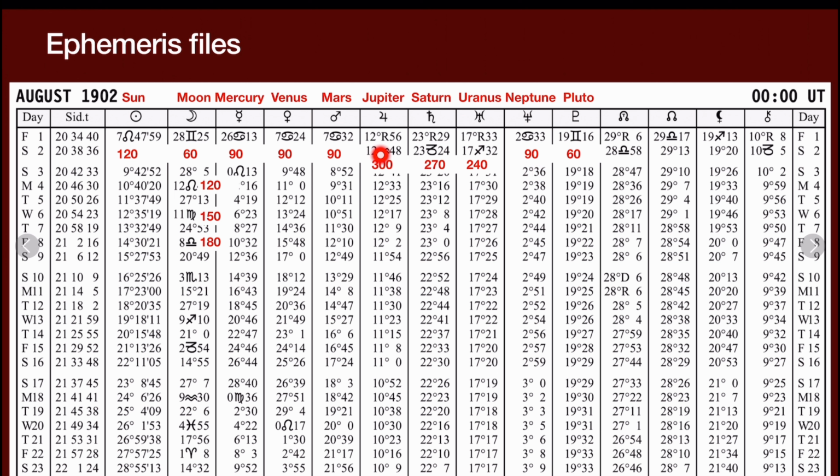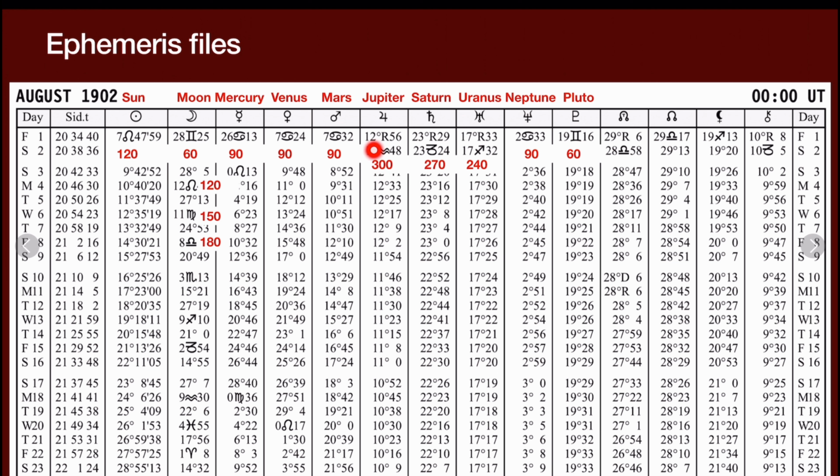Now if you look on here on day 1, so it's August the 1st 1902, Jupiter is at 12 degrees 56 minutes Aquarius. Now the minutes go to 60 and then it will tick round to 13 degrees, and for our purposes you can round up or down, that's fine.